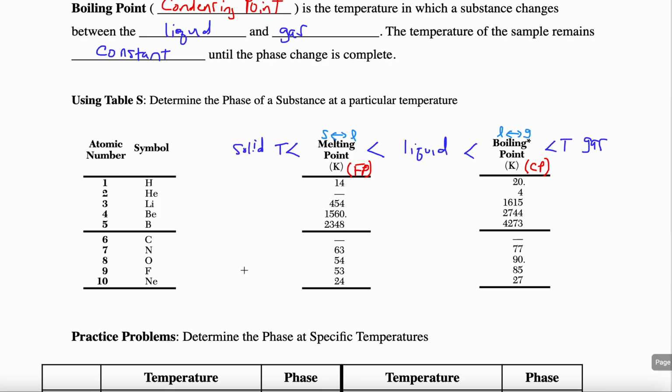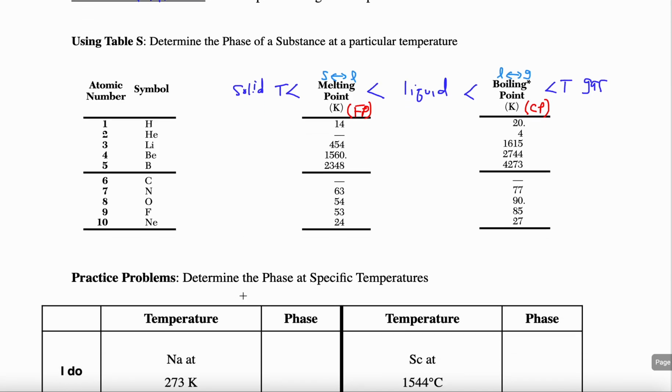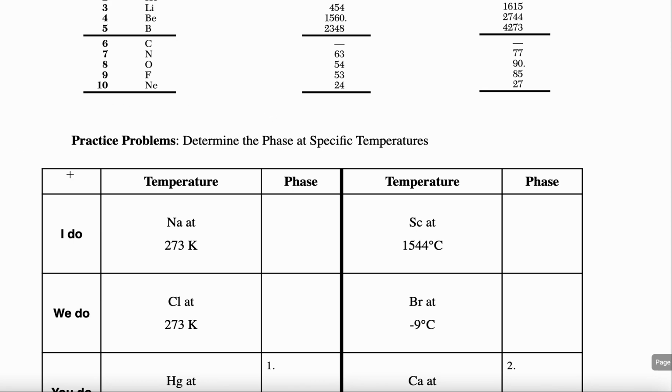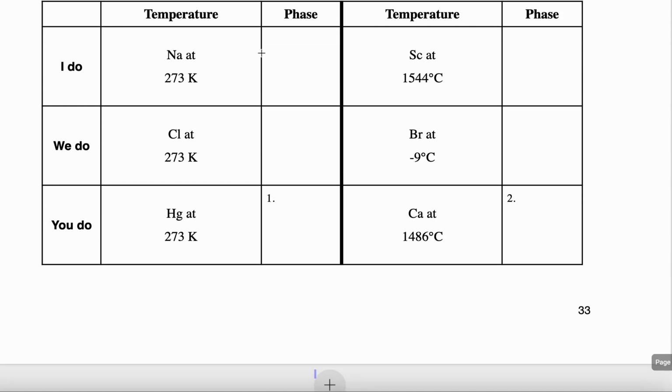So let's take a look at a couple of examples of using Table S. Okay, so take a look. I have the element Na, sodium, number 11.